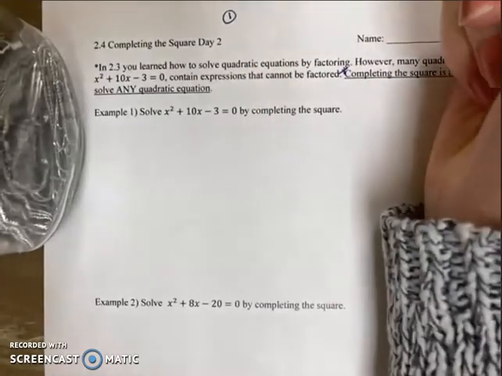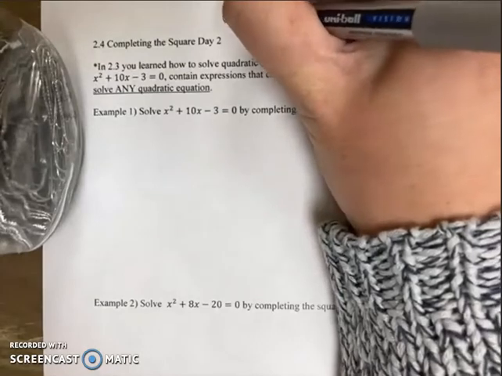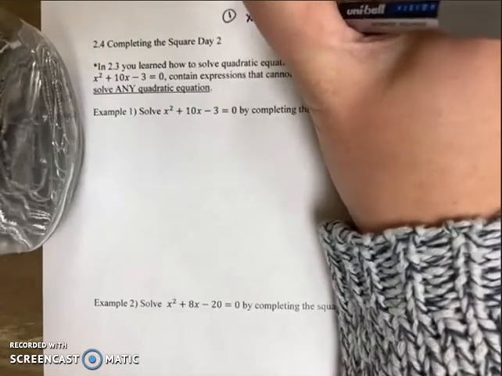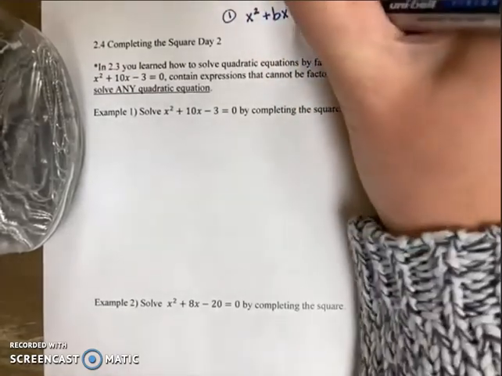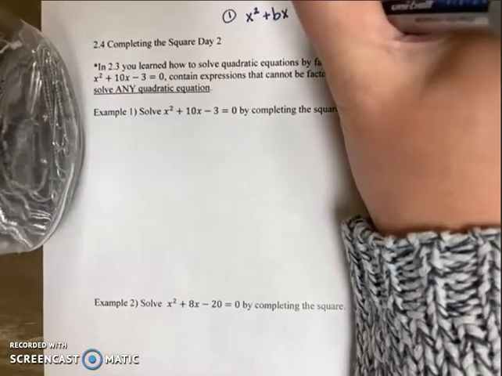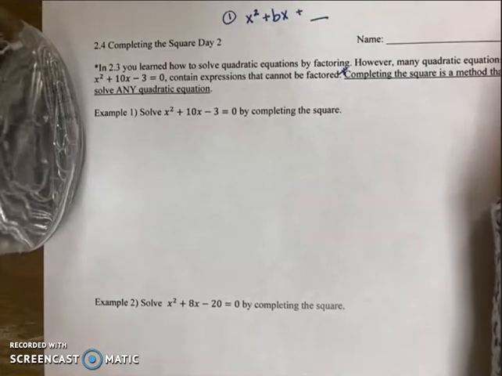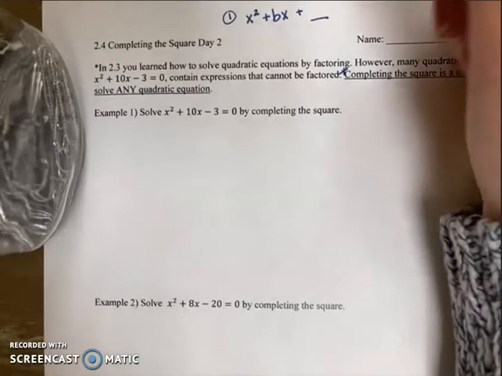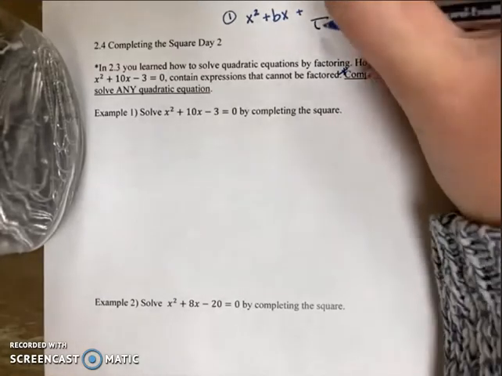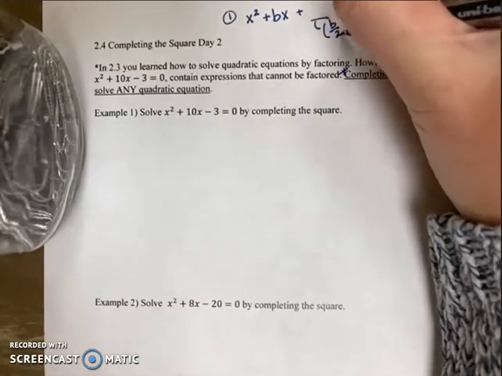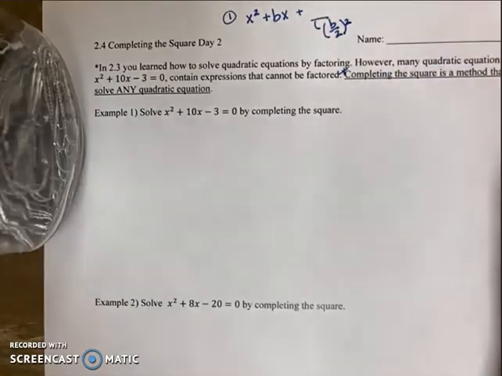So the first thing we have to do when completing the square is we need to get it in the form x squared plus bx. And we're going to add some number. In order to find what number we should be adding in order to make it a perfect square binomial, it is b over 2 squared.